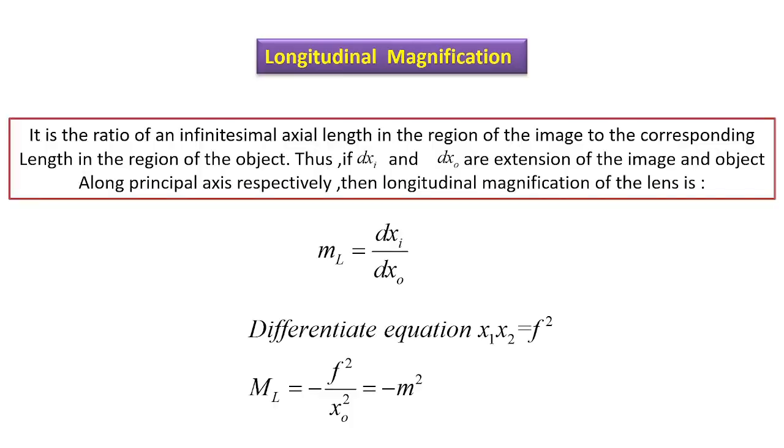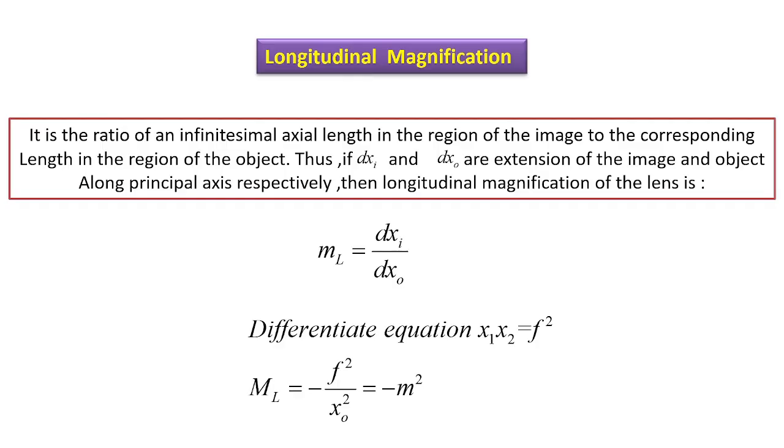Now we will talk about the longitudinal magnification. It is the ratio of an infinitesimal axial length in the region of the image to the corresponding length in the region of the object. Thus, if dxi and dx0 are extensions of the image and object along the principal axis respectively, then the longitudinal magnification of the lens is given by m suffix capital L is equal to dxi divided by dx0.